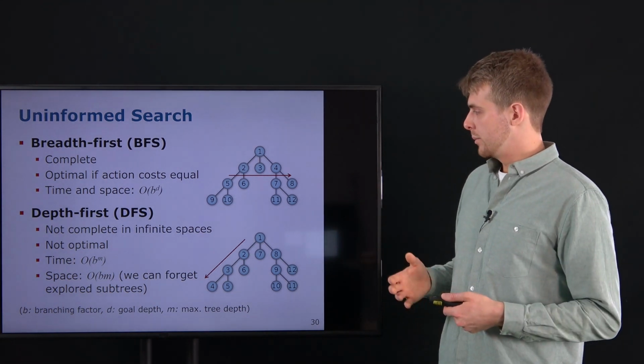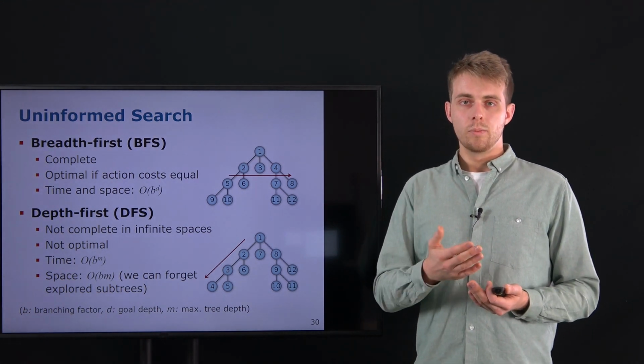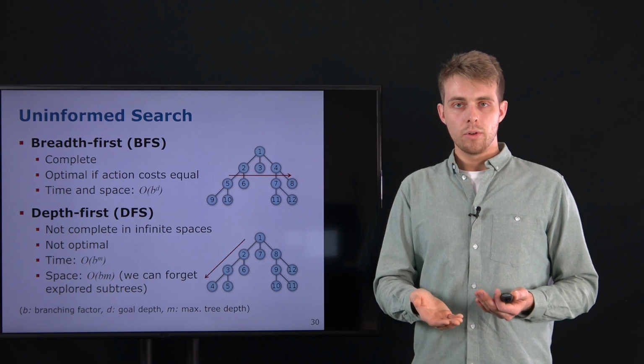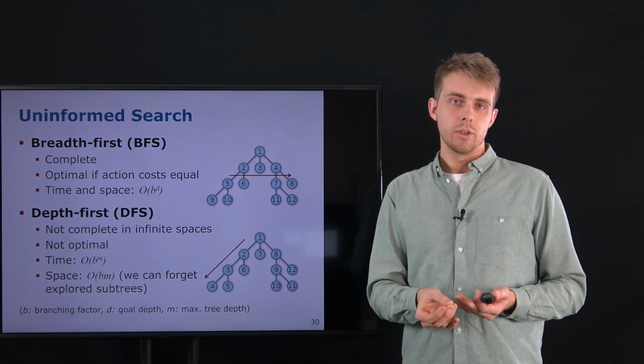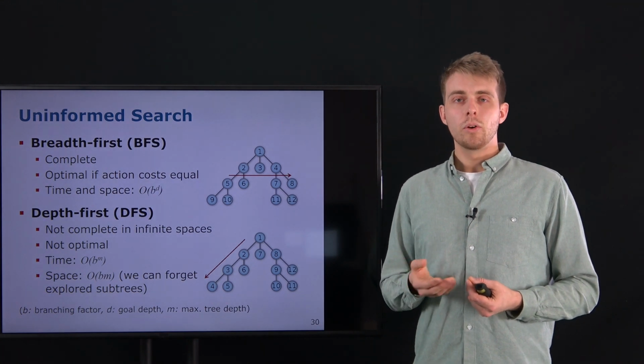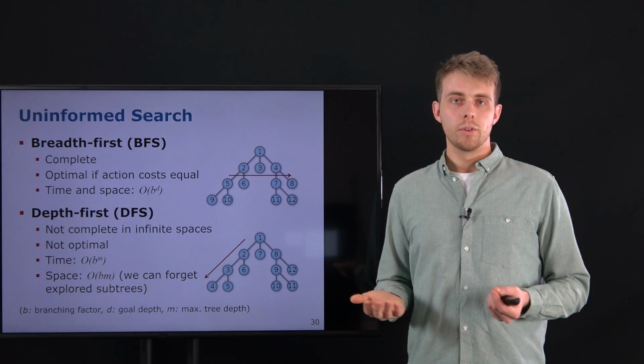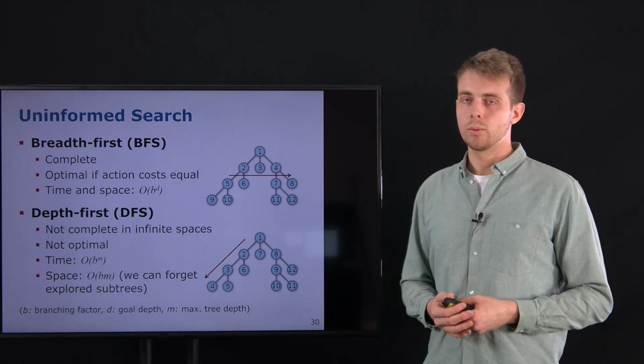We look at the list, check what node to explore next, explore the node, and check whether this is now the goal node. If not, we continue with the search and put all the subsequent nodes on the fringe, or on this list, because we want to explore them afterwards.